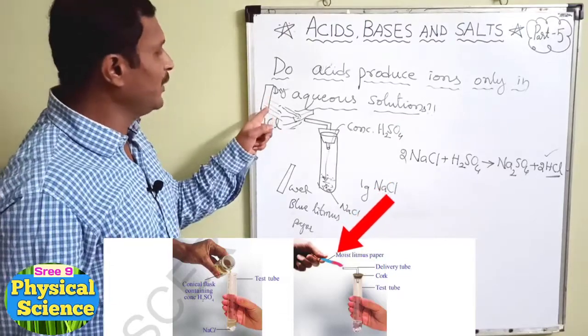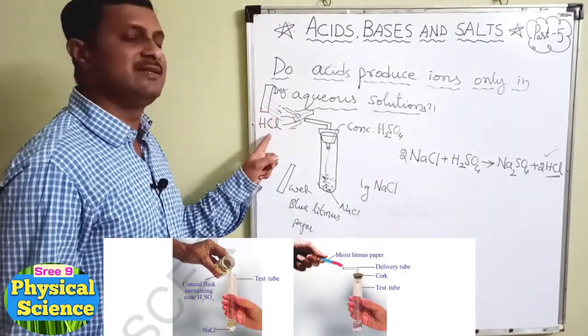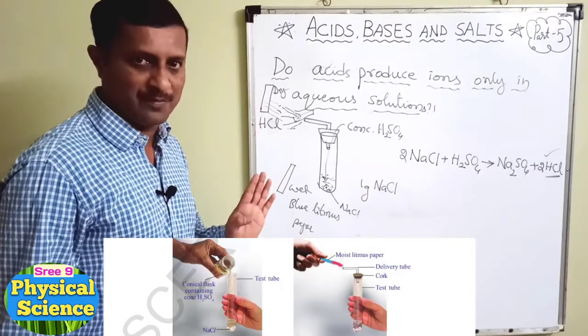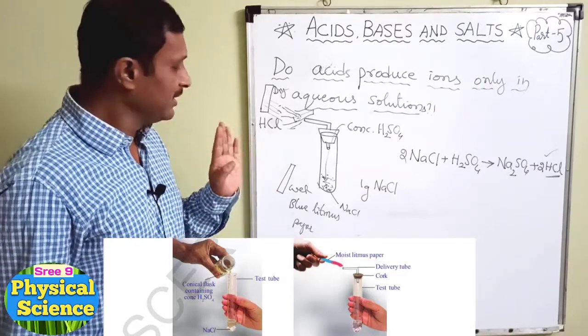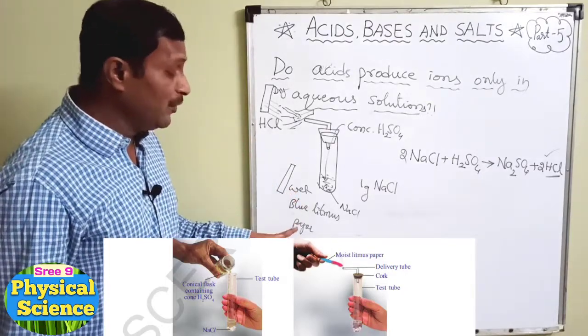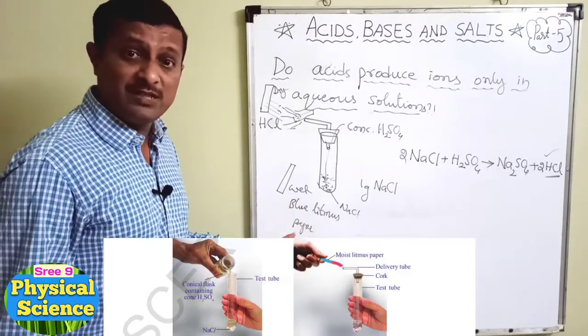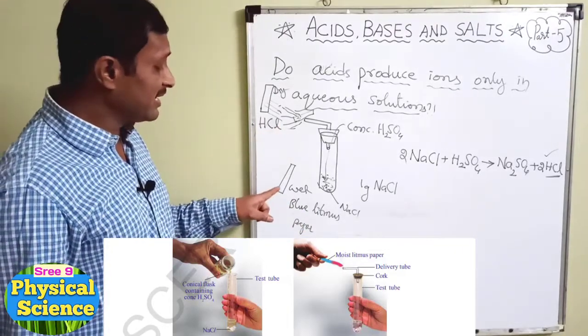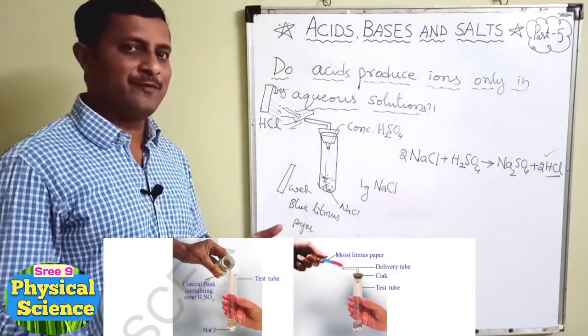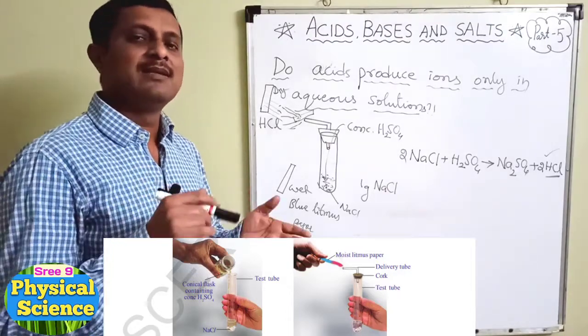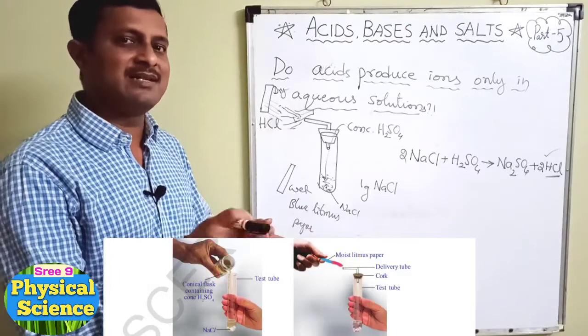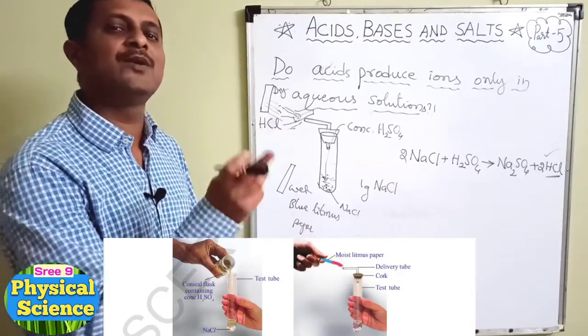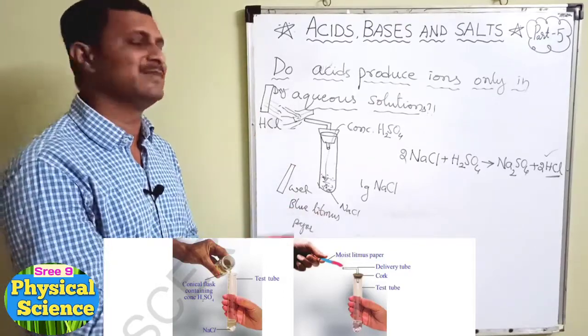With dry litmus paper, hydrogen chloride gas does not show any acidic behavior, but with wet blue litmus paper it turns the color to red. We know that a substance which turns blue litmus paper red is an acid.